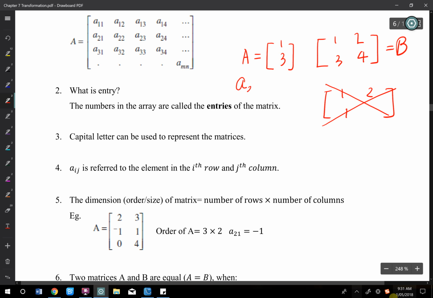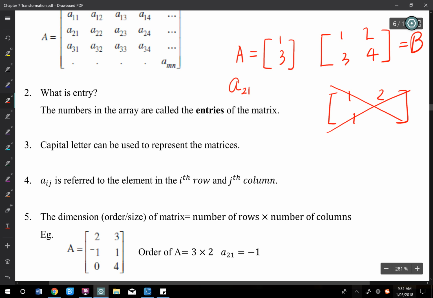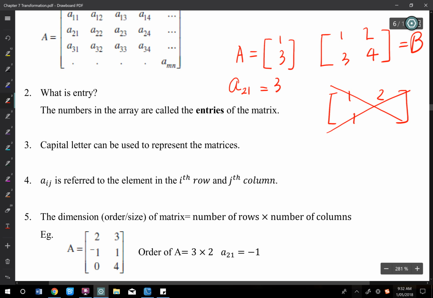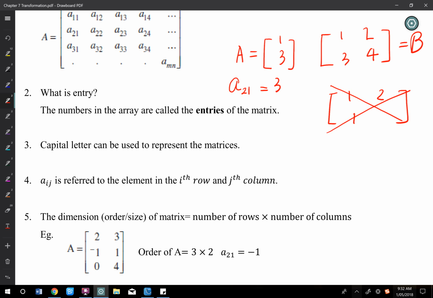The row comes first: row 2 and column 1. Lowercase a is the lowercase of the matrix name. You use a capital A to represent the matrix, and the lowercase a represents the entry. We talk about the entry in row 2 and column 1, and that entry equals 3. It helps you locate which number you are talking about.